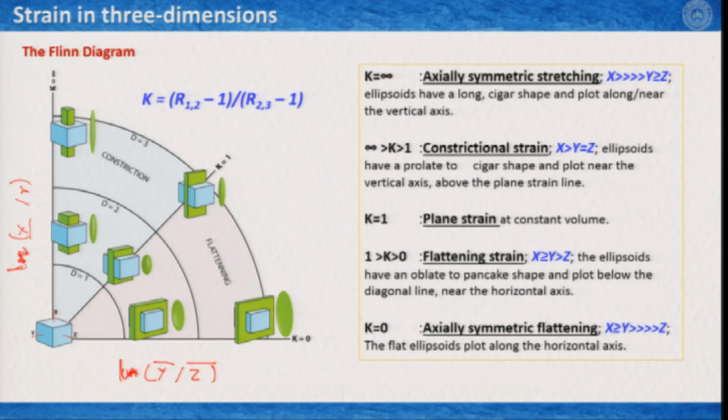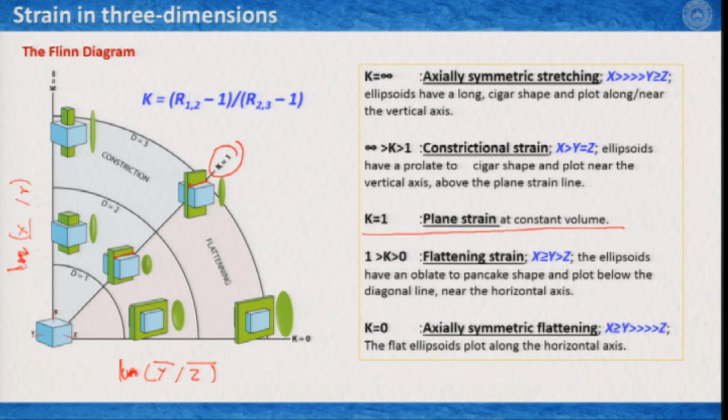As we said, along this line which runs at 45 degrees with respect to the x and y axes, k equals 1, and as we have said, k equal to 1 means you have plane strain at constant volume. As you can see here, at this magnitude of strain the y axis remained constant. Even if I increase the strain magnitude, the y axis remains constant, but it extends along x and shortens along the z direction.